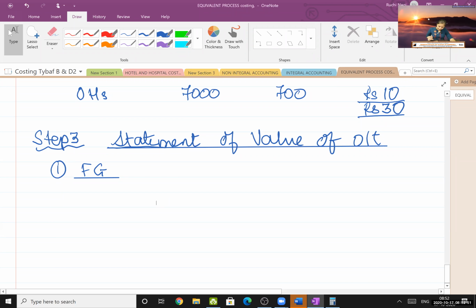What is the breakup in finished goods? Material, labor, overheads.